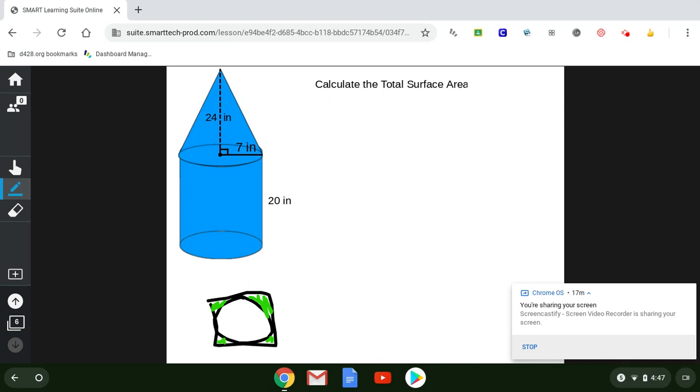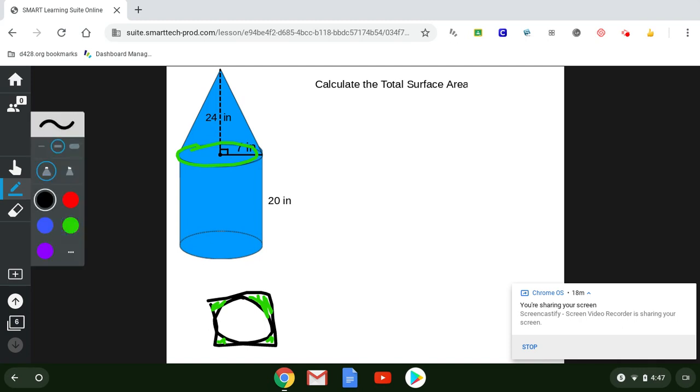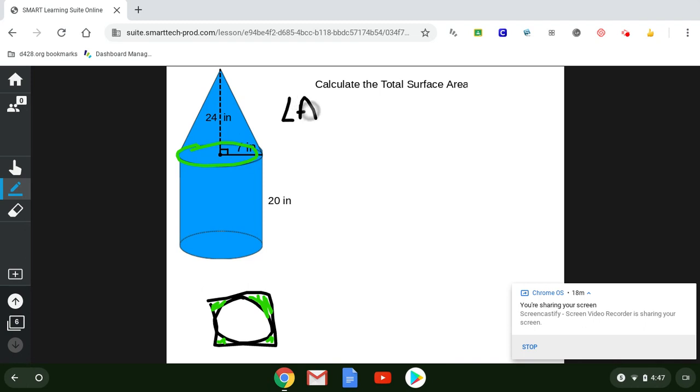However, if you look here, it's a cylinder on top of a cone, so they're both circles overlapping each other. They have the same radius, meaning the circles are the same, so nothing is exposed to the air. So I actually just need to find the lateral area of the cone, because the base isn't exposed to the air, but the lateral area of the cone is.